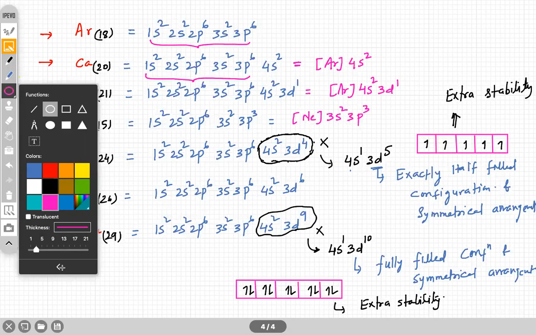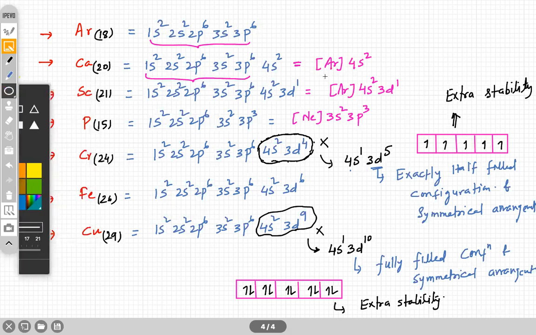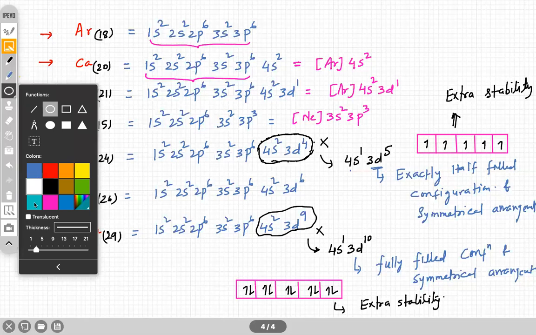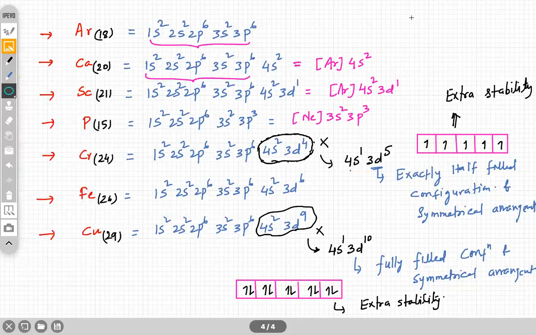Because you see the orbitals, one factor is the energy factor here. Suppose this is the third shell we have. Okay. And in the third shell, first we have S, then P, and then D. Okay. I'll just draw it a bit small.